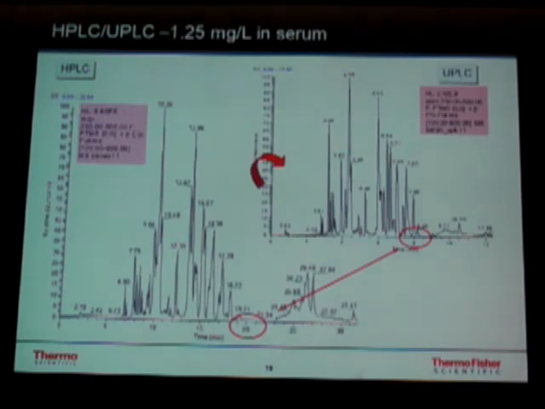This slide is basically showing that with the UPLC, we can cut down the analysis time when we run Exactive. So with HPLC, we were running around 20 minutes of runtime. The same samples, when run with UPLC, we can cut it down to 8 minutes and still get very good quality results.